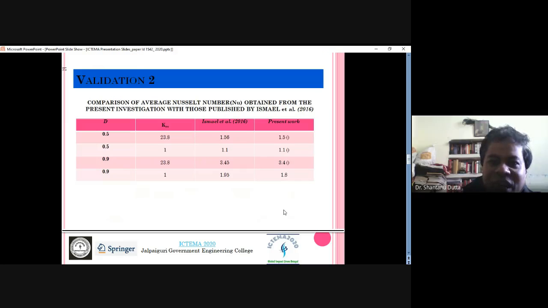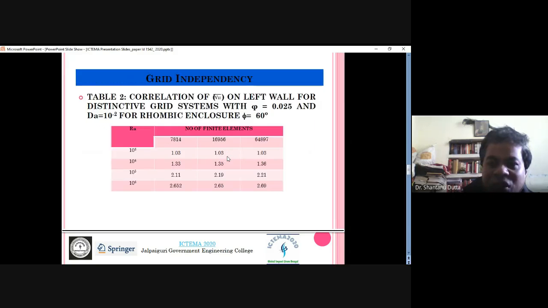Another validation was for the thermal conductivity. This was a conjugate case. You can see 23.8 for the brick wall; the brick wall has a conductivity ratio of 23.8. Accordingly, in this validation you can see the results 1.56 and 1.5, so it is very similar. And we always do a grid independency test before any numerical study.